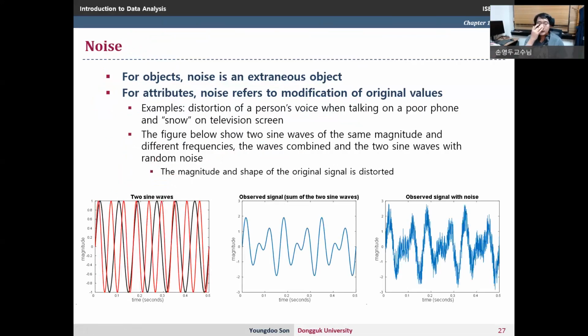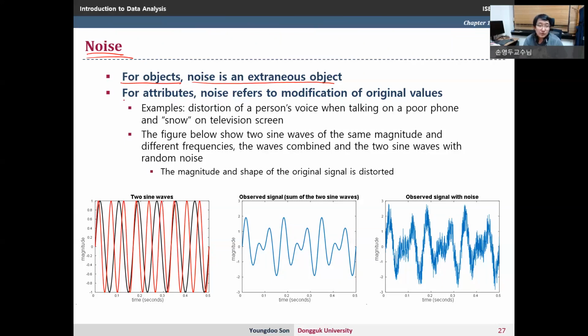So here, the noise is usually the most typical factor that affects the data quality that you can find. The noise is an extraneous object from the object point of view.